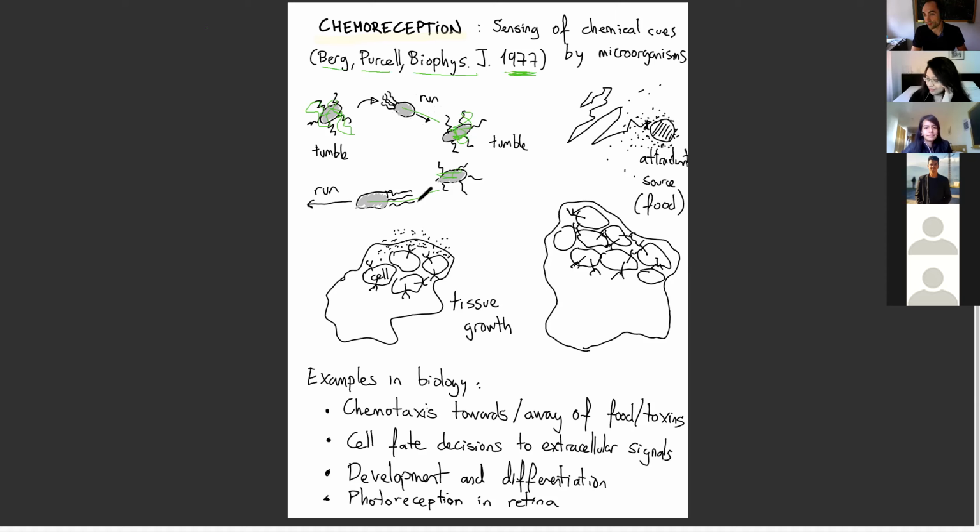This type of motion is useful, for instance, to find a target. When the bacteria are hungry and want to find food, you can use this motion to find optimal strategies to find it, for example, a chemoattractant with food.